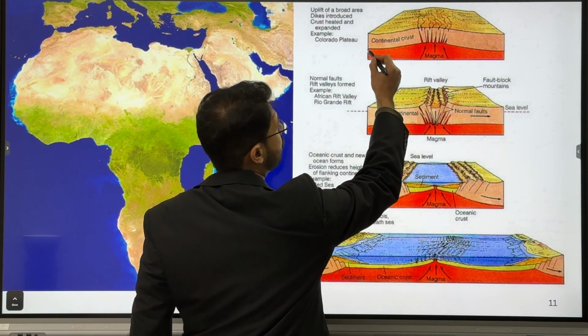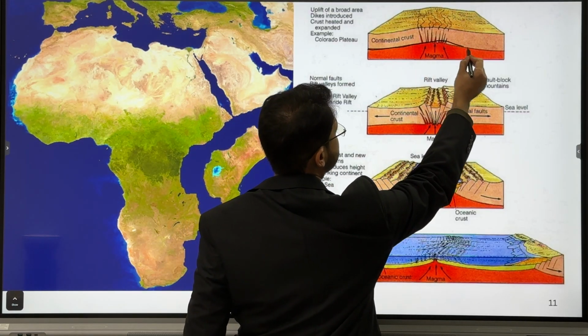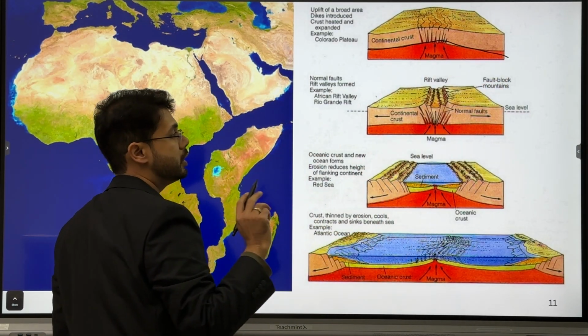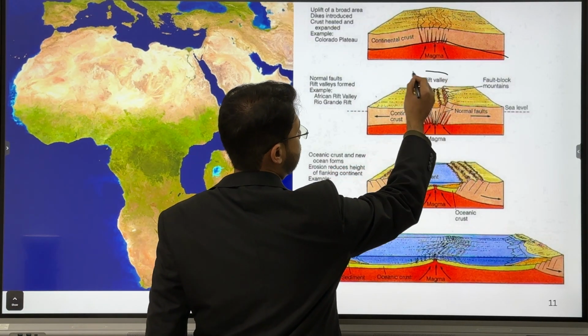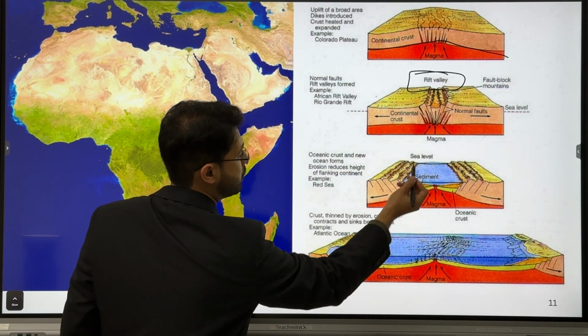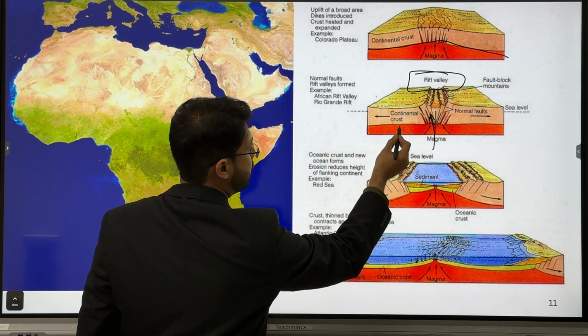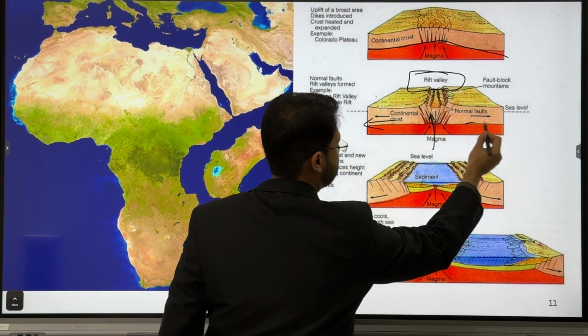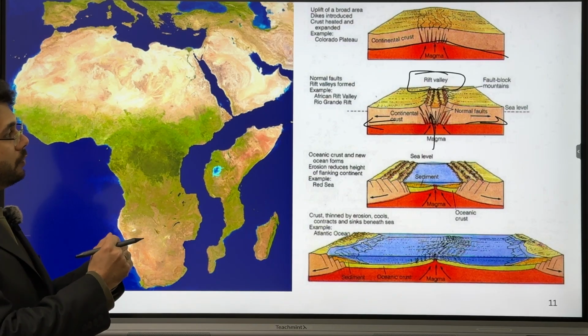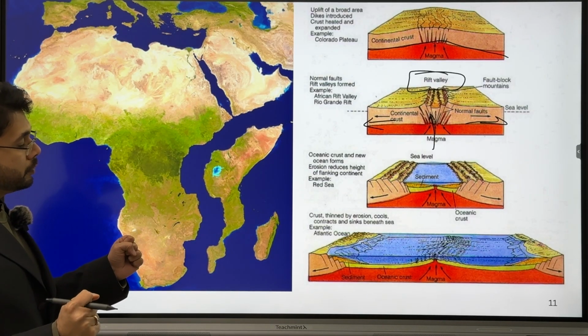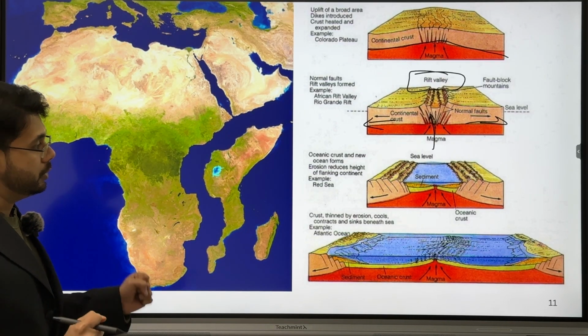Now this is a continental crust. This crust can be a craton as well. The divergent plate will still be forming a Rift Valley. Most of Africa is in this stage. Once the magma moves up, the continental crust starts moving away from the magma, so the divergent plate boundary has started acting here.